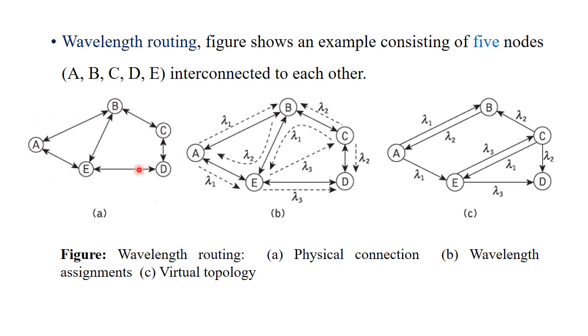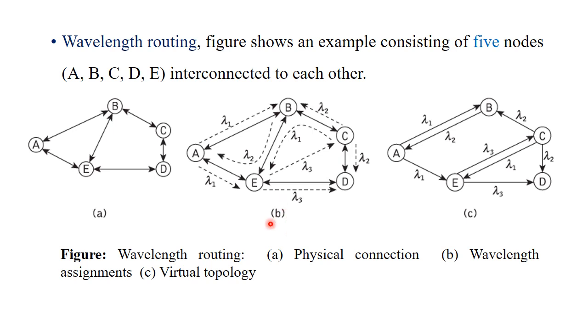Getting into figure B, it is concerned with the wavelength assignment. In figure B as well as figure C, we are going to consider 3 different wavelengths, lambda 1, lambda 2 and lambda 3, for the explanation. So let us start with figure B.